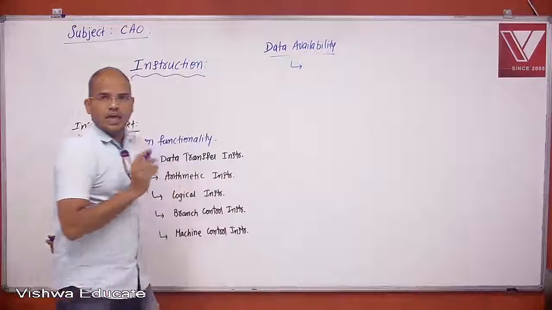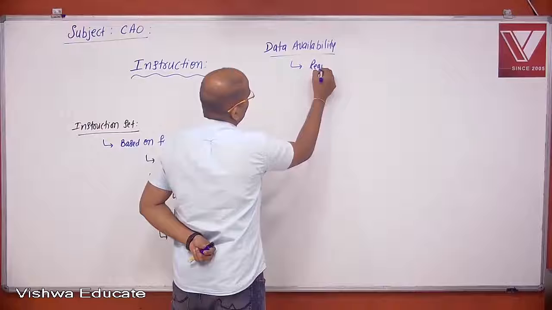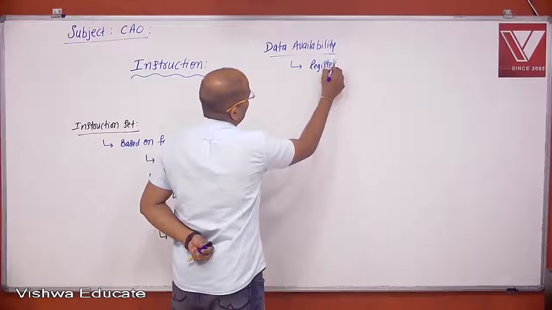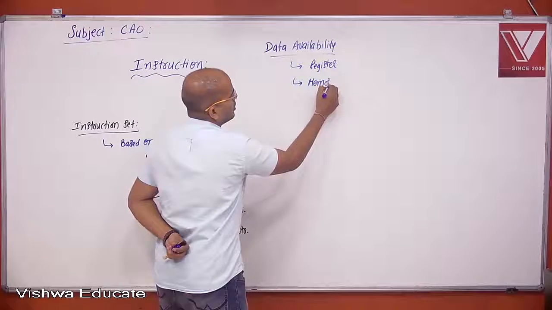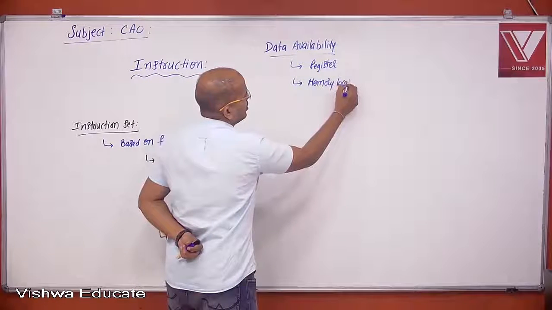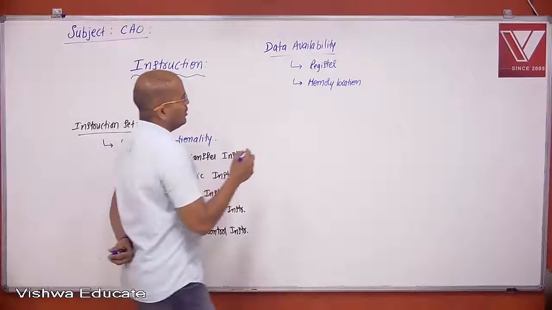Data is available in a register, data is available in a memory location, and data is available directly.